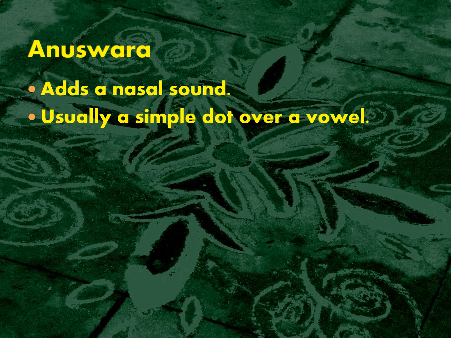The anuswara is usually merely a dot above its vowel, though there is also the fancier version where the dot rides on an upward turned crescent. In many cases where the dot is used, it takes the place of an awkwardly placed M sound, but it can and does also replace other nasals as well, historically speaking.